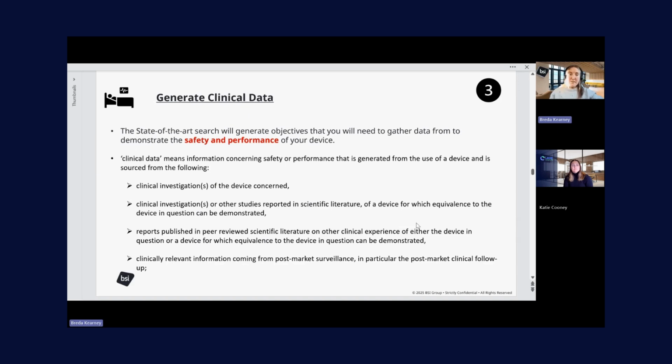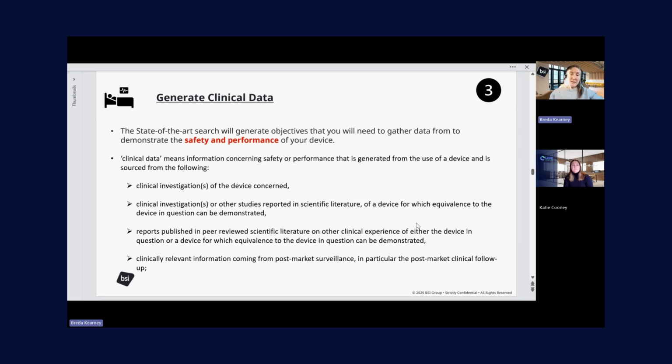So from state of the art, you'll generate objectives, and then you need to gather the data to demonstrate your device is safe and performs as intended. I'm sure most people will know the definition of clinical data. It comes straight from the MDR, and essentially it is data that's generated from use of your device.